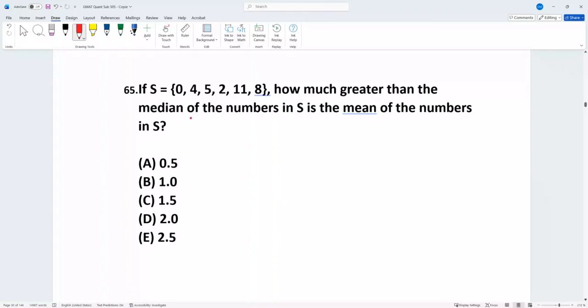So let's start by understanding the prompt. Based on what the prompt says, we need the median of the numbers.